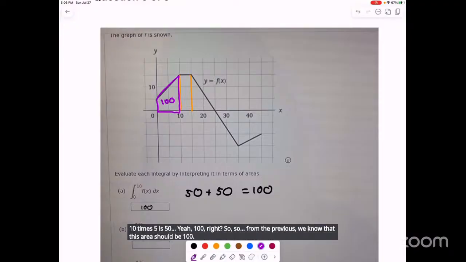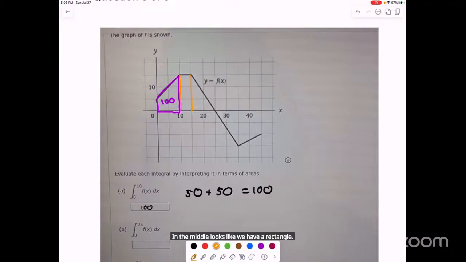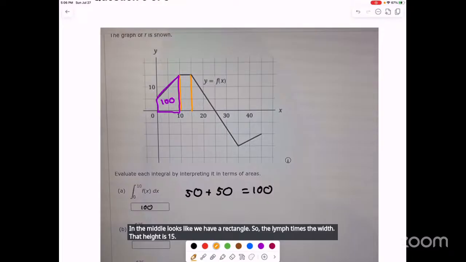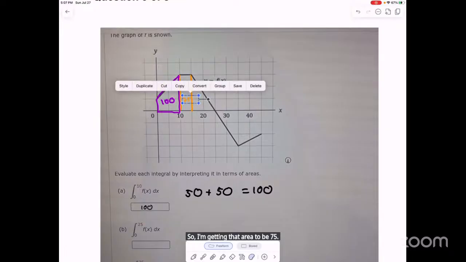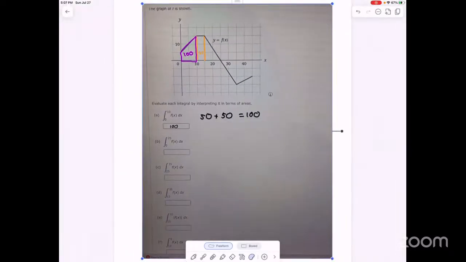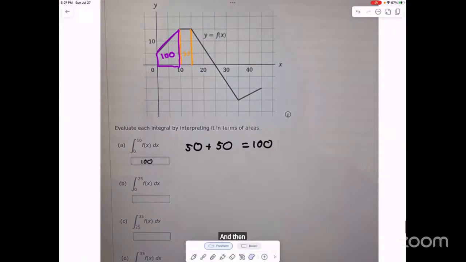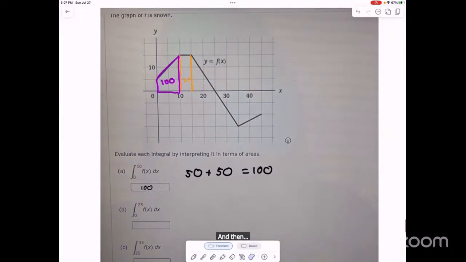And the middle looks like we have a rectangle. So the length times the width, that height is 15 times a width of 5. So 15 times 5 is 50 plus 25 is 75. So I'm getting that area to be 75. And then the last one is a right triangle.